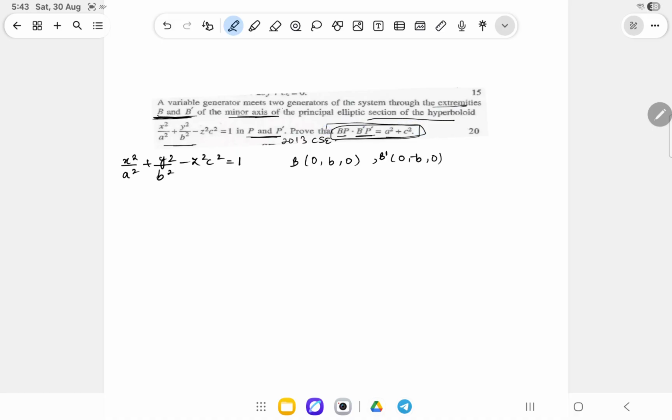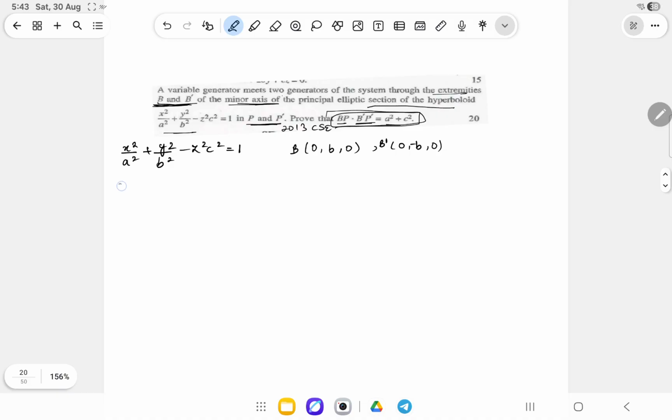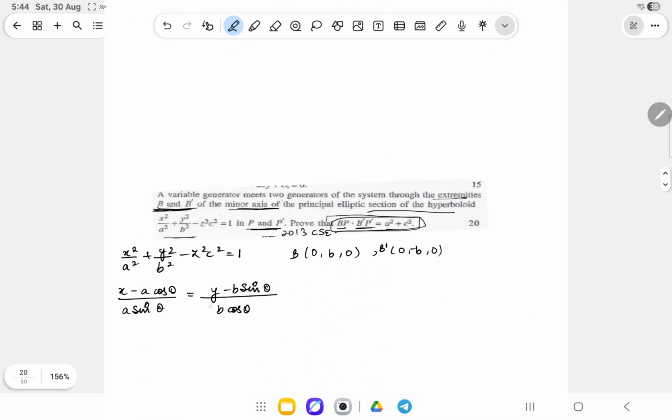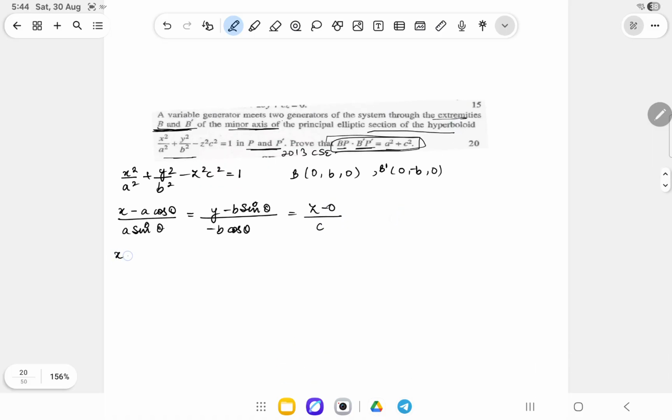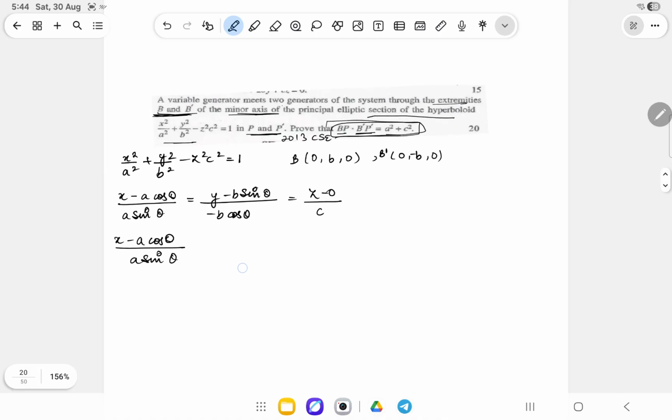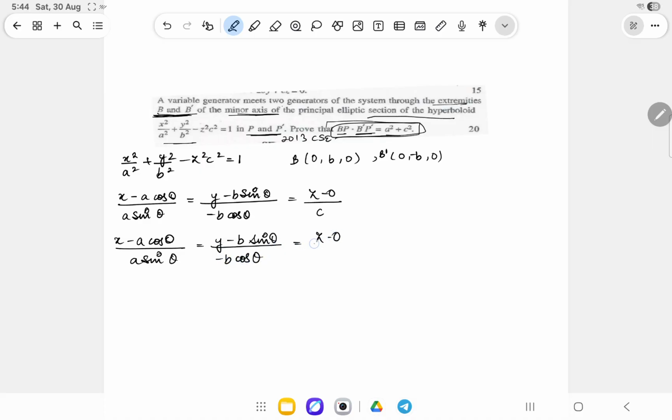Any variable generator of the hyperboloid passing via the principal section will be basically x minus a cos theta upon a sin theta is equal to y minus b sin theta upon minus b cos theta is equal to z minus 0 upon c, and another will be x minus a cos theta upon a sin theta is equal to y minus b sin theta upon minus b cos theta is equal to z minus 0 by minus c.